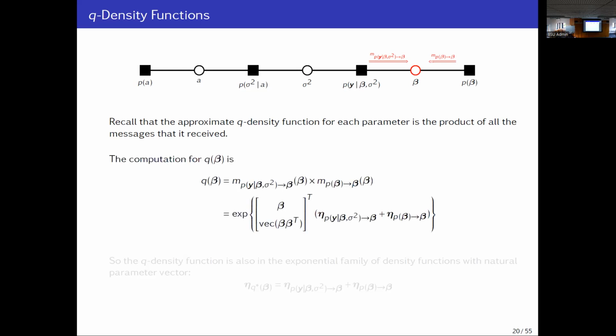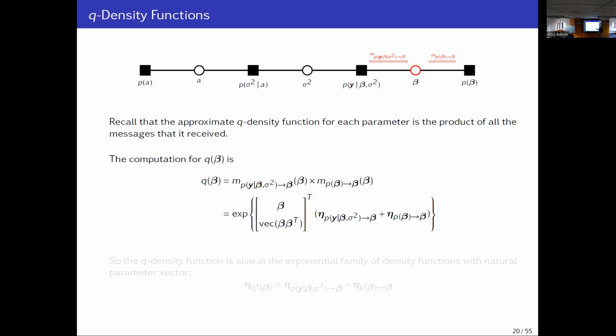So the Q density function for beta would consist of the message that it received from the likelihood multiplied by the message that it received from the prior specification. We went through that earlier when we were factorizing these things. But remember how I said we're going to keep this in exponential family form. The good thing about the exponential family form is closure under multiplication.